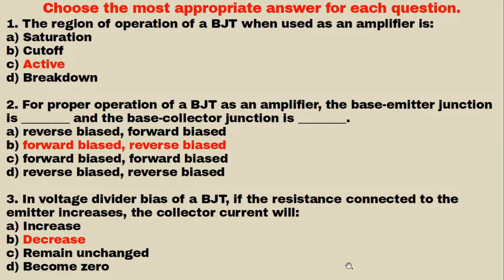Okay. Now we will go to the most important part, that is, choose the most appropriate answer for each of the questions. The region of operation of a BJT when used as an amplifier is the active region. Out of saturation, cutoff, active and breakdown, the correct answer is active.